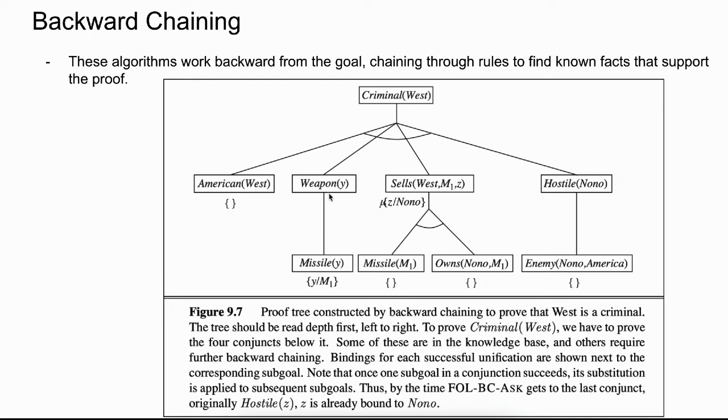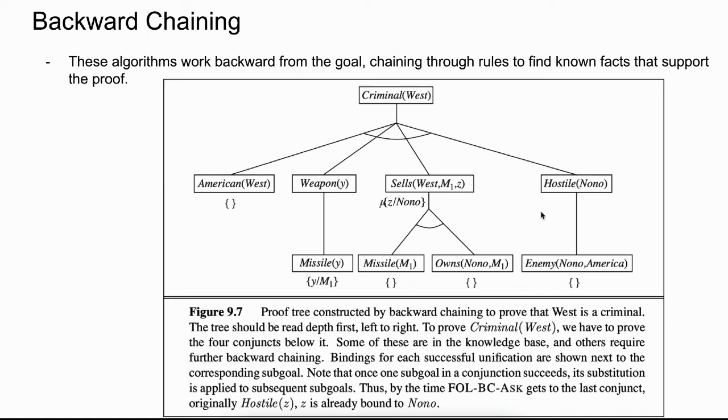Okay, now again going backwards, how do we know that Y is a weapon? Because we know that Y is a missile. So that's an assumption that we are making. How do we know that West has sold missile M1 to country Z? That is again given to us: the country Z owns some missiles M1, and whatever missiles it owns have been sold to it by West.